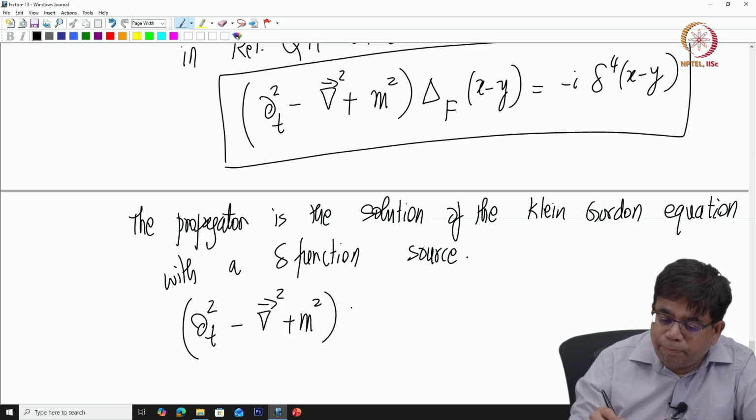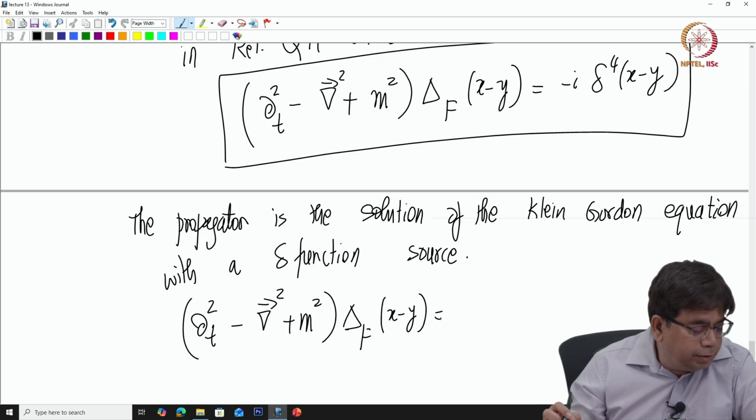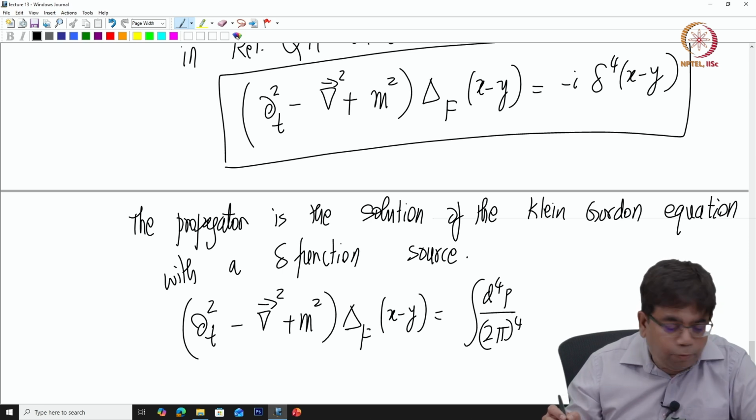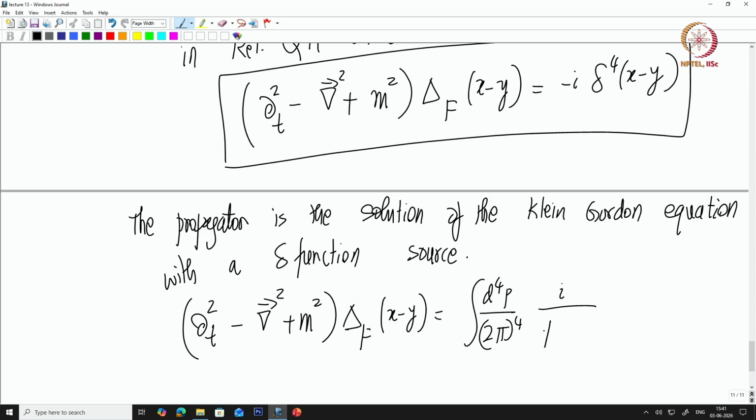Now that we have derived the propagator, Δ_F(x − y) is the integral d⁴p/(2π)⁴ of −i/(p² − m²) e^(−ip(x−y)). In momentum space, the operator just becomes p² plus m² essentially.